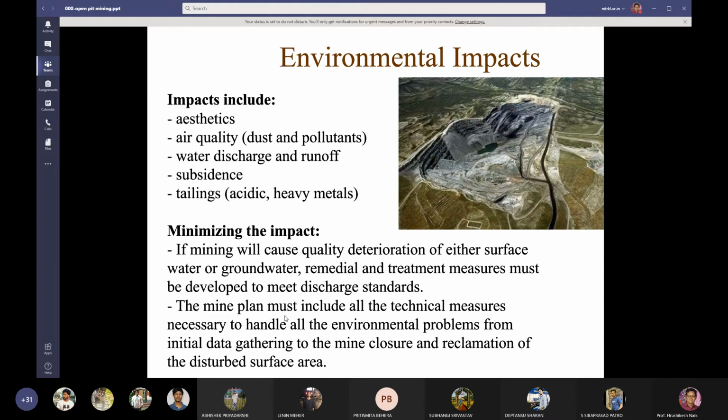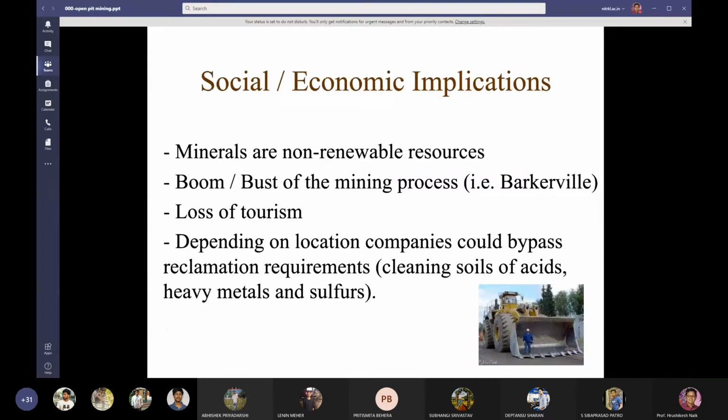The mine plan must include all the technical measures necessary to handle all the environmental problems from initial data gathering to the mine closure phase and land reclamation of the disturbed surface area. So this is the way by which we can minimize the impact of mining on the environment.